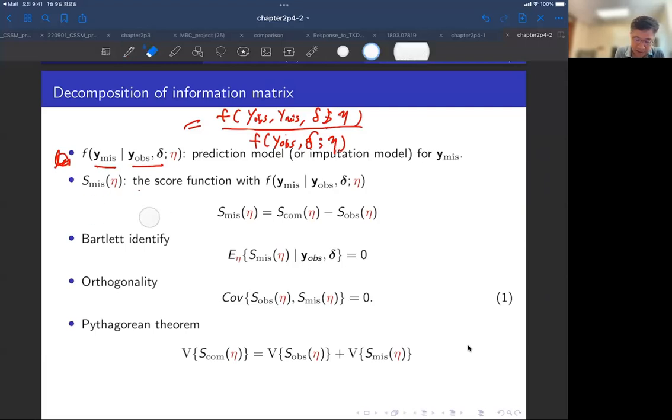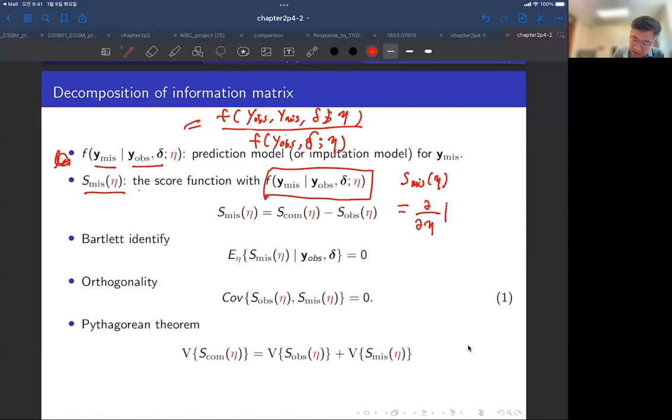So this is the conditional distribution, and this is the score function associated with this conditional distribution. That means this is the definition of S miss, the log of the conditional distribution, right?